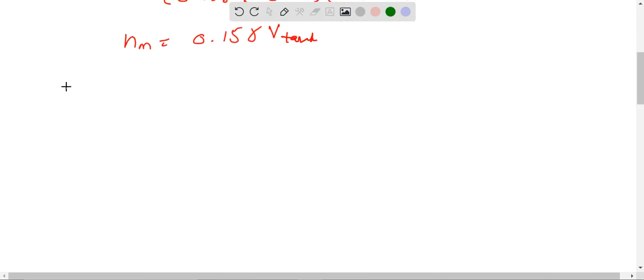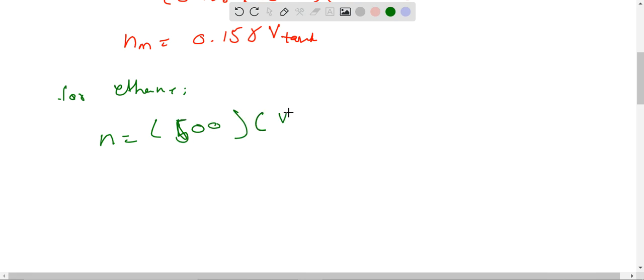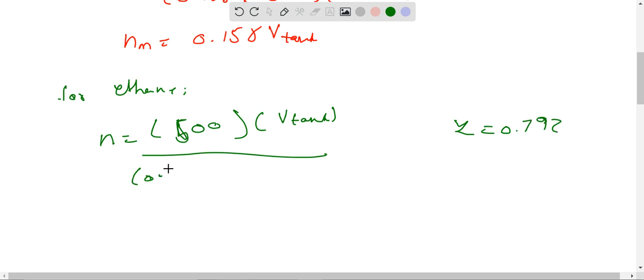Now find for ethane. And here P is 500 psia, 500 into V tank, divided by Z for ethane, which is 0.792, into R, which is 10.732.